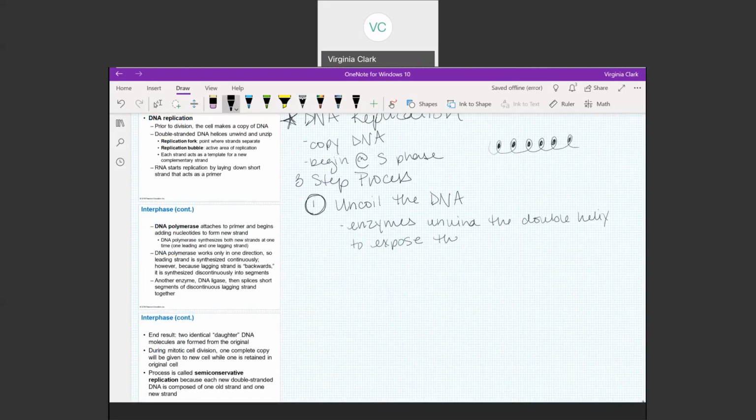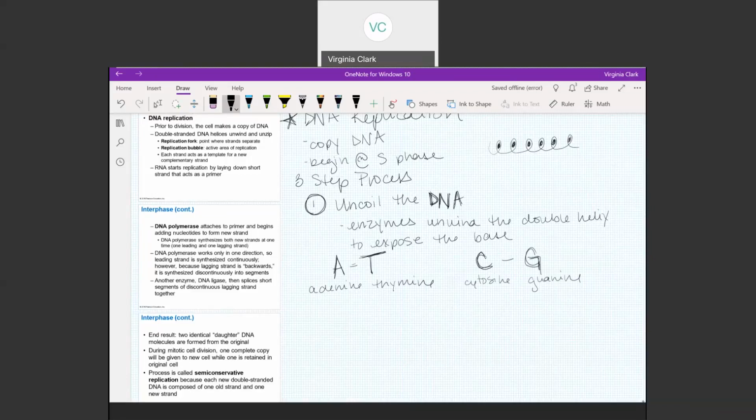Now remember, DNA bases are going to be A to T, so adenine to thymine, and C to G, cytosine and guanine. This was covered in chapter 2. Remember, we are talking DNA. So DNA has A to T as a complementary base and C to G as a complementary base.